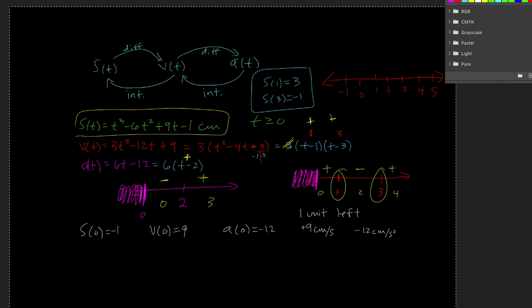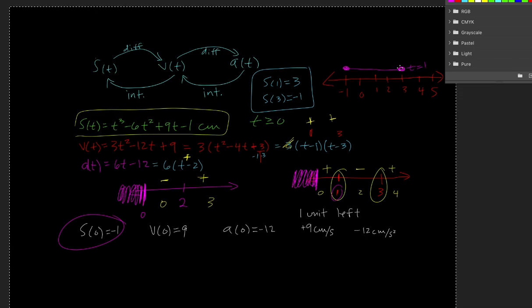And so we start at -1 because that was our initial position, and we're traveling in the positive direction, and we change directions after 1 second when we're at 3. And so at 3, we change directions, and that happens at t = 1.